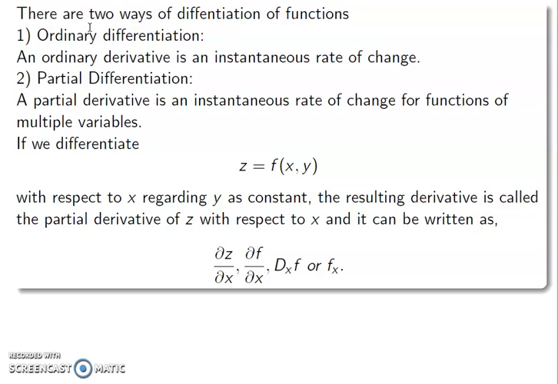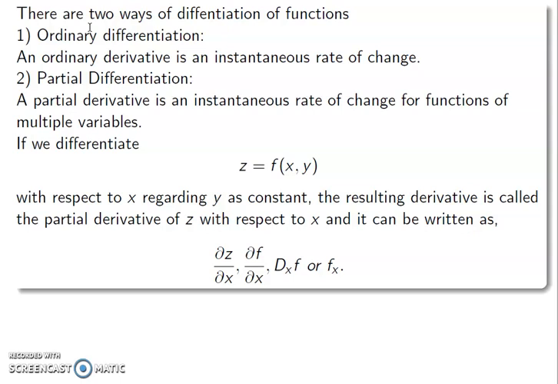The main difference is that when a function has more than one variable and we want to find its derivative, one variable is treated as a constant, and we differentiate with respect to the other variable. That's why we call it partial differentiation.